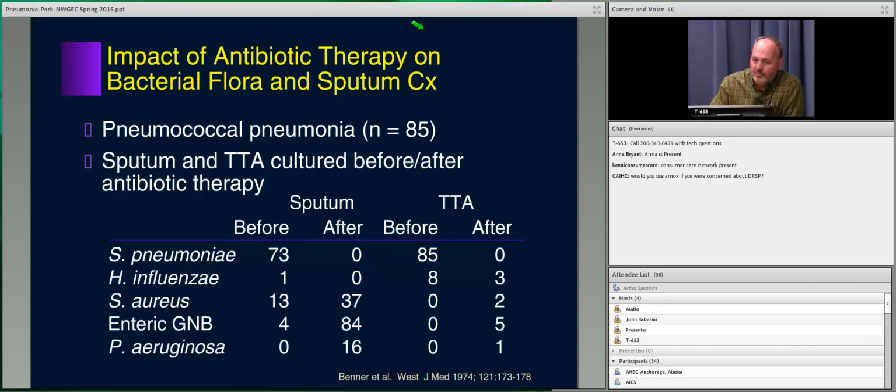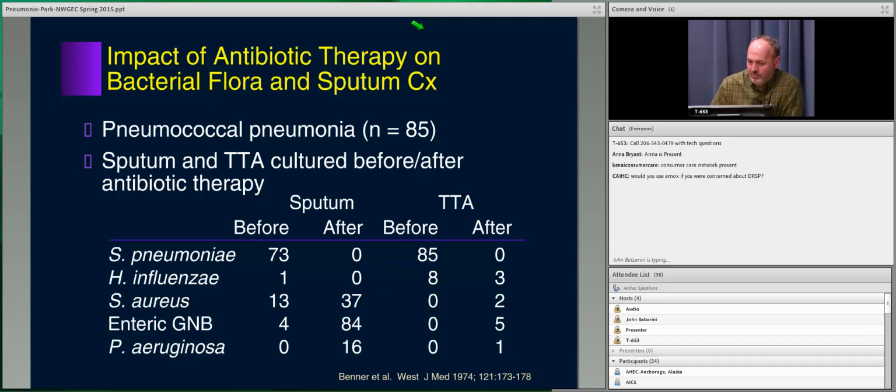I want to warn you about repeating micro tests in people on antibiotics, though, and I'm going to show you why. This is a really old study, back in the days when transthoracic aspirates were done. That's what TTA stands for. So this was all people who had pneumococcal pneumonia, 85 people, and they all had positive TTAs for pneumococcus when they first came in.